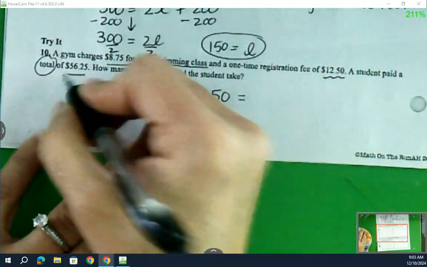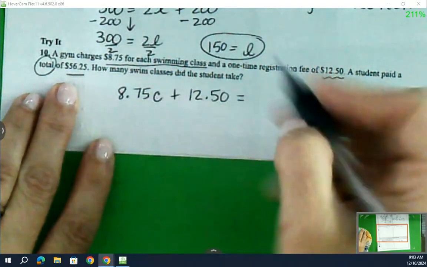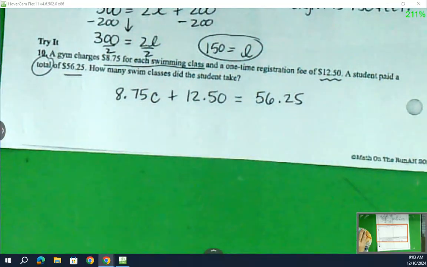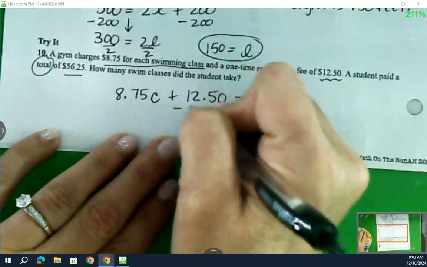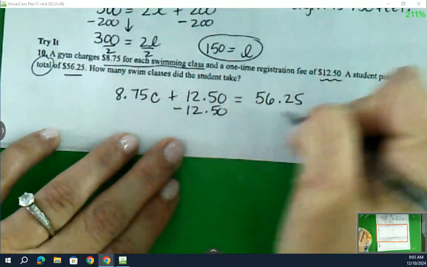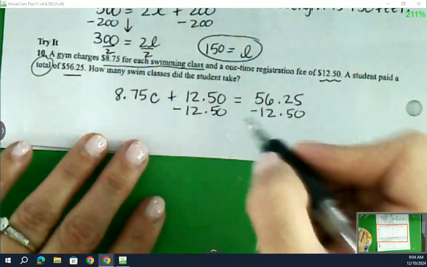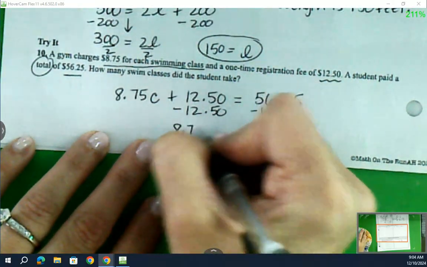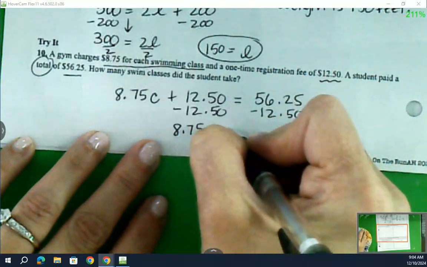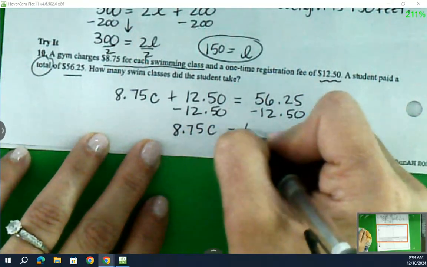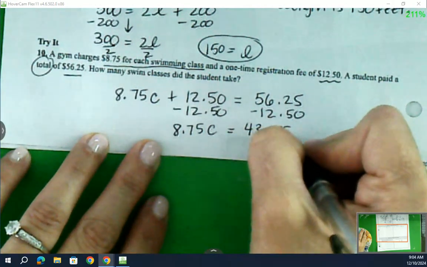And our total equals $56.25. So the first thing we can do is subtract the one-time fee, and then we have $8.75 per class is equal to, if we subtract here, we're going to get 43.75.